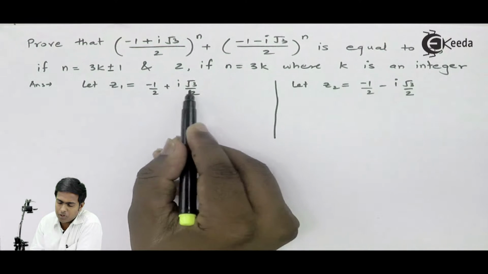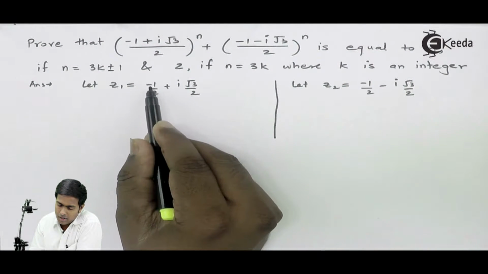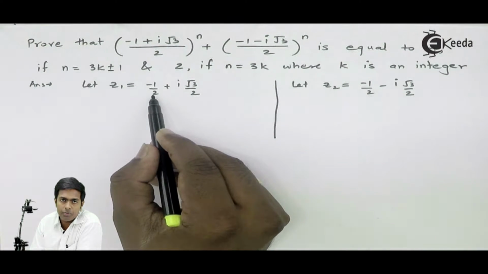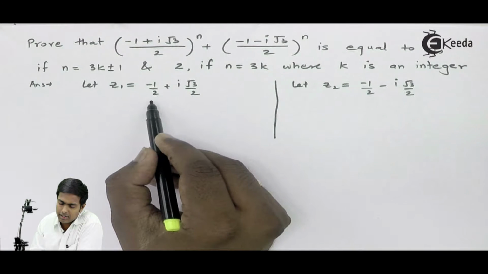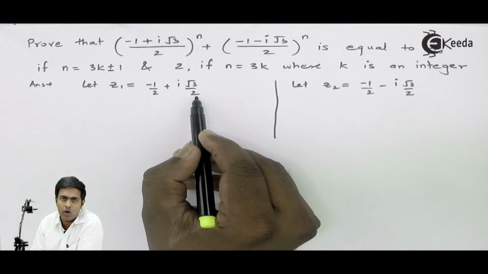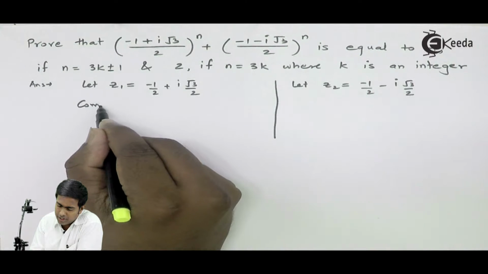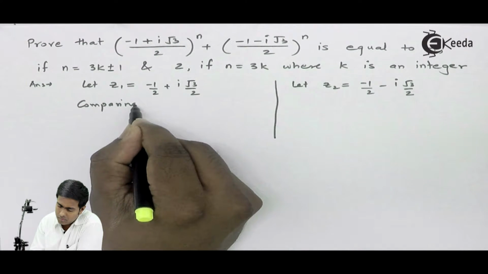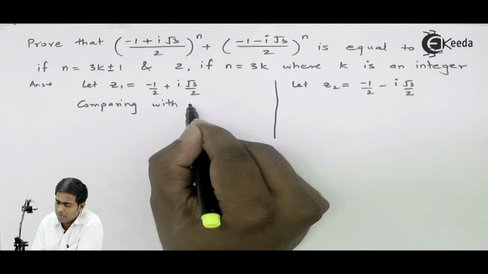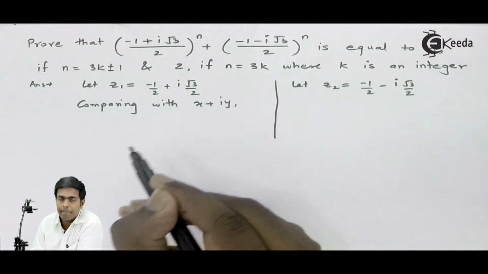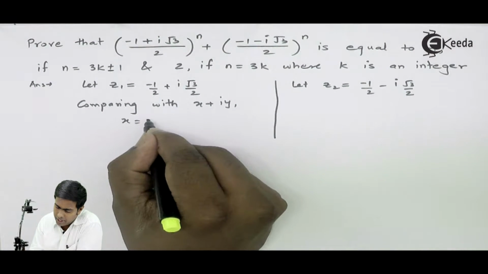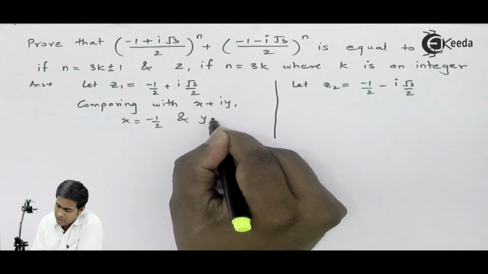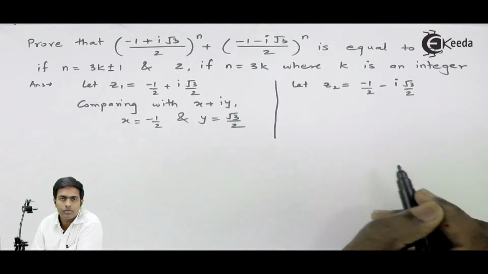So I will convert this first number. Now here this first part, that is -1/2, is x and the second part is y, comparing with the Cartesian form. Now what is the Cartesian form? x + iy. So we will get x as -1/2 and y as √3/2.